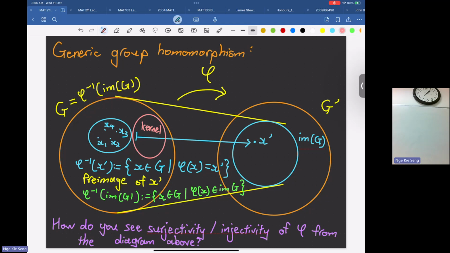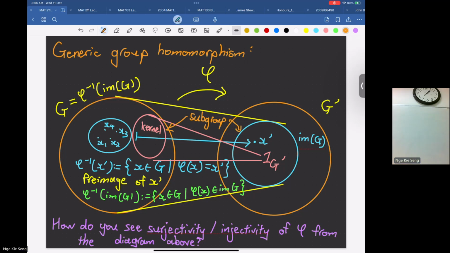The kernel is the set of things that get mapped to the identity in the codomain. And the kernel is actually a subgroup.